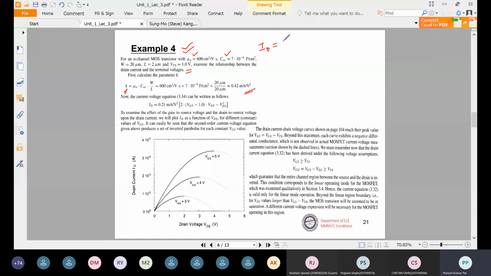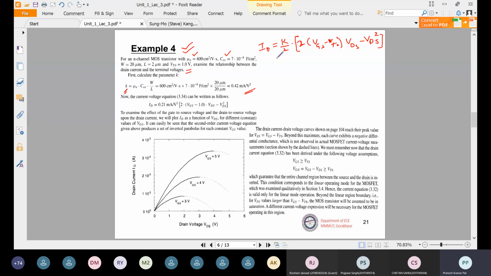we have studied in the previous class: K by 2 times [2(VGS minus VT0) VDS minus VDS whole square].